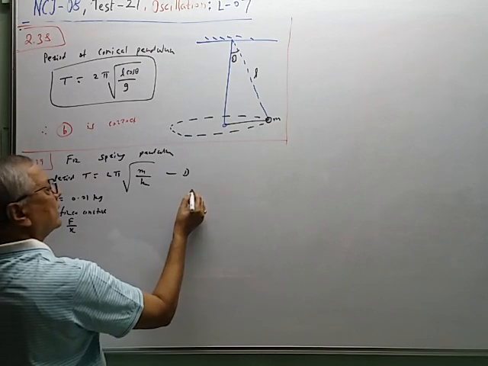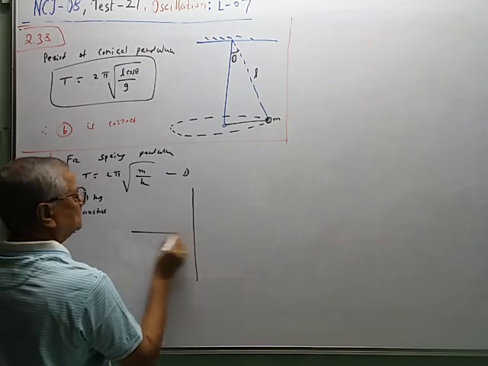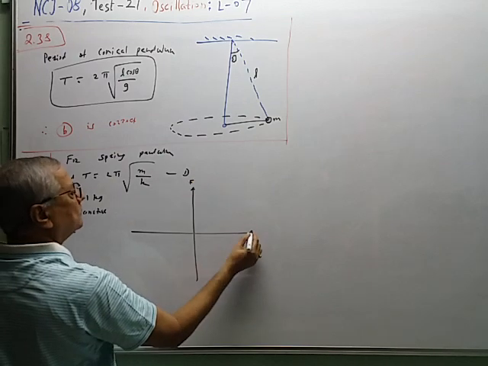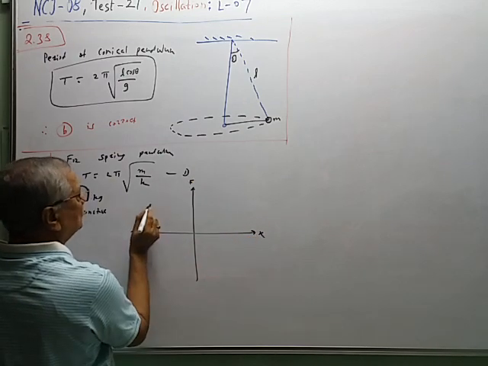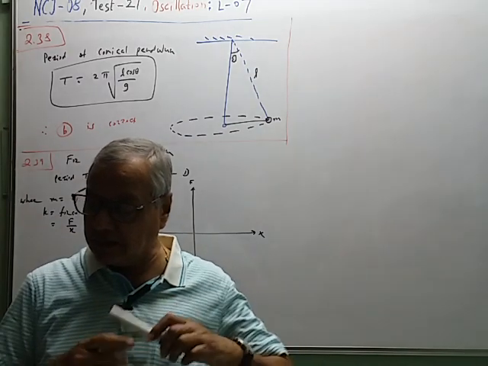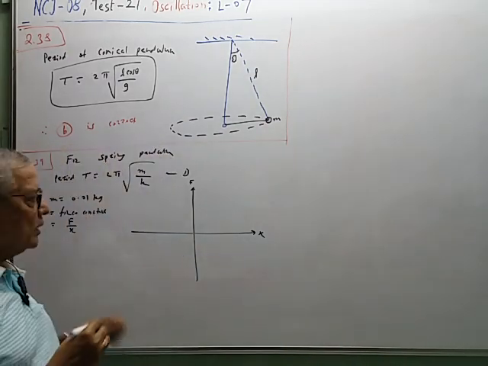So a graph of F versus x is given. The graph has the nature of a straight line and it is given like this.